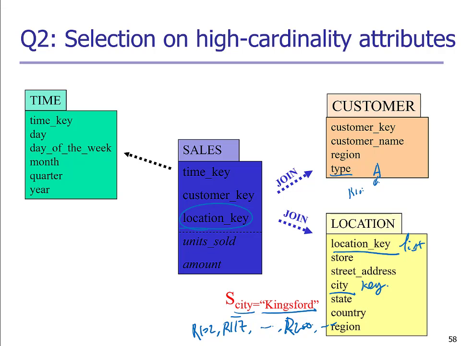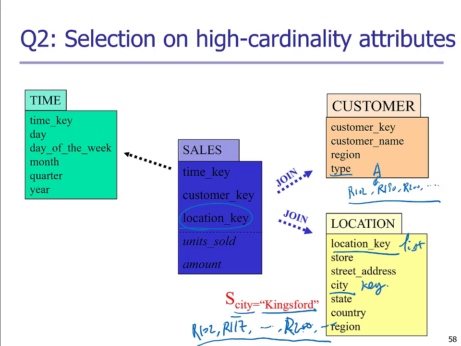Say these row IDs are R102, R190, 200, and so on and so forth. So if, for example, we want the sales with customer type A and city Kingsford at any time, how do we get the result? We can simply join or merge these two lists together.